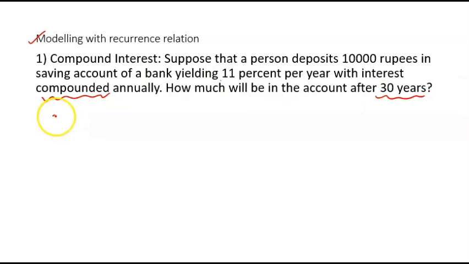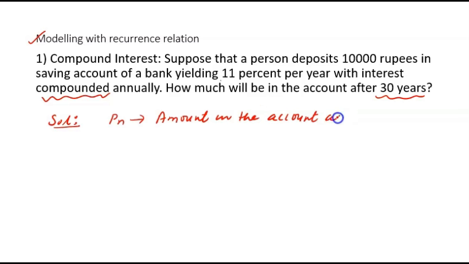So if I have to formulate this as a recurrence relation, suppose I denote that Pn is the amount in the bank or saving bank account after n years.